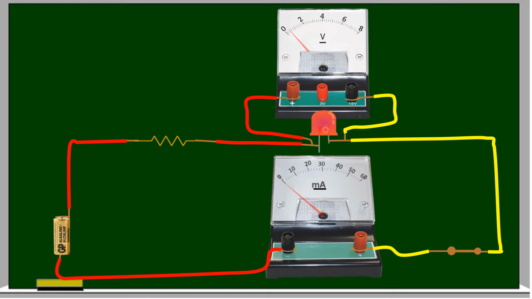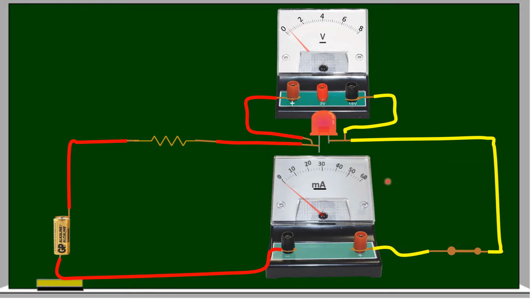Even though some voltage has been applied between the two terminals of the LED, it is not conducting, it's not glowing. So the LED is in off position only.